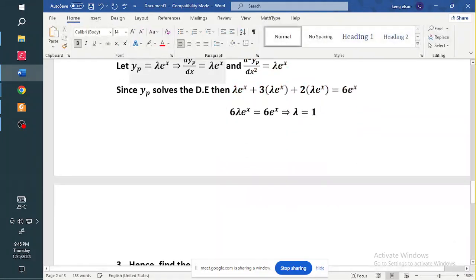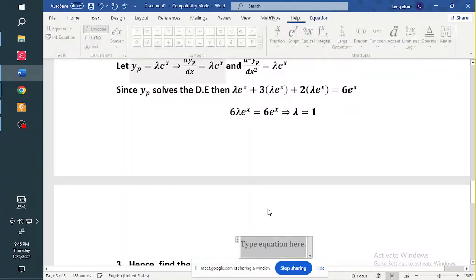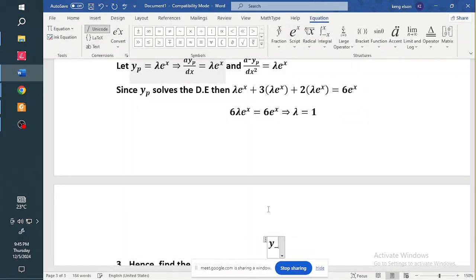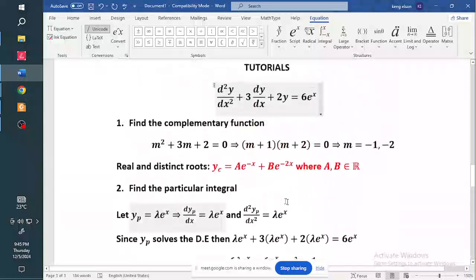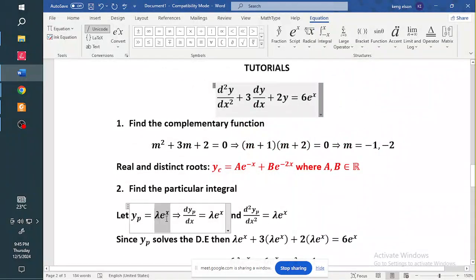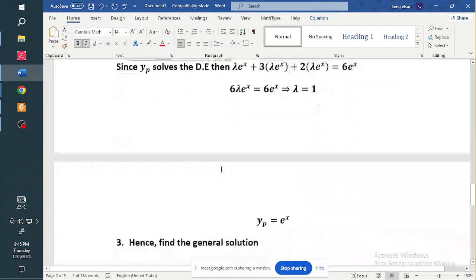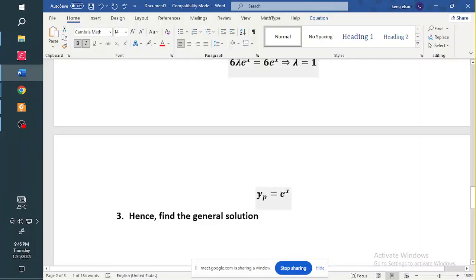So if lambda is equal to 1, in conclusion, we can say that our yp is equal to e to the power x, because our yp was lambda e to the power x, but since lambda is 1, this is the function yp.